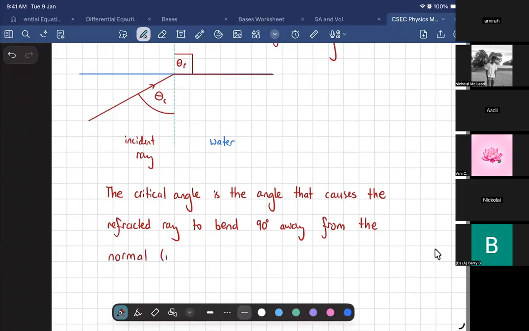Right? So right now it is along the boundary line.